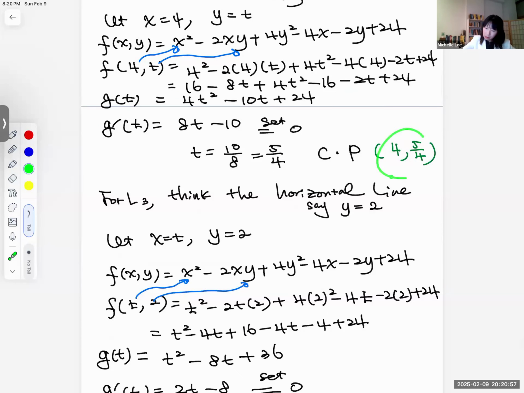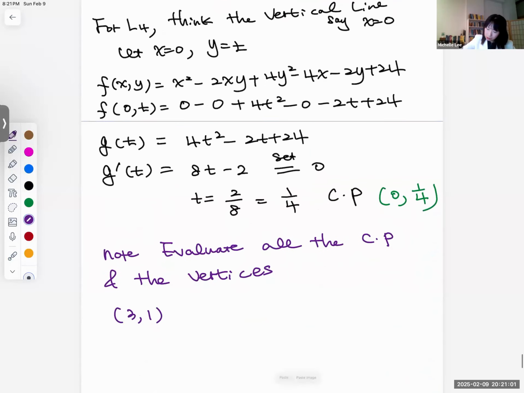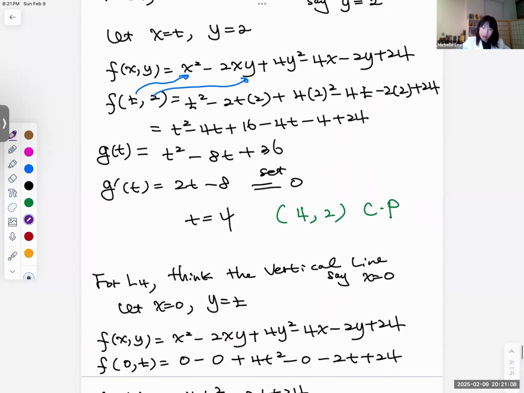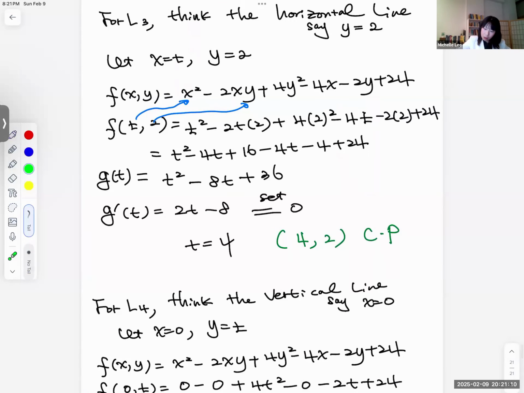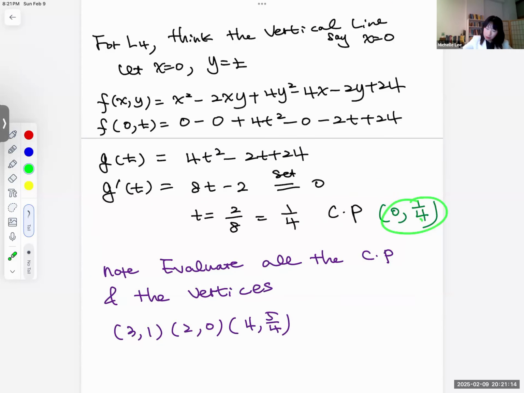Line 2, 4, 5 over 4. And line 3, 4, 2. And line 4, 0, 1 over 4.